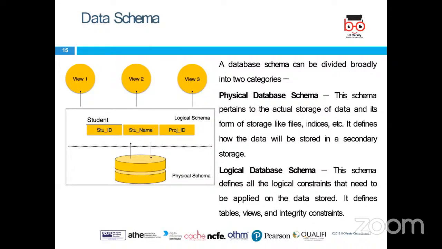So as you can see, it is an actual physical database, while the logical database schema is simply defining the logical constraints that need to be applied once the data is stored. The logical one is how we should divide our entities and how we go with the logic of handling our data.